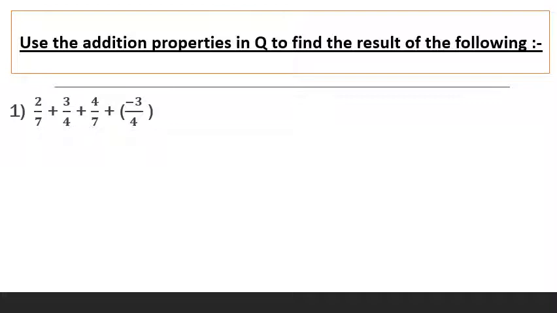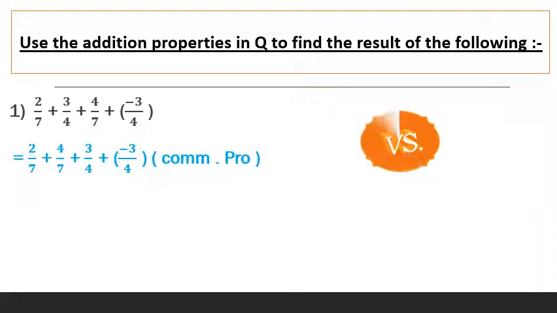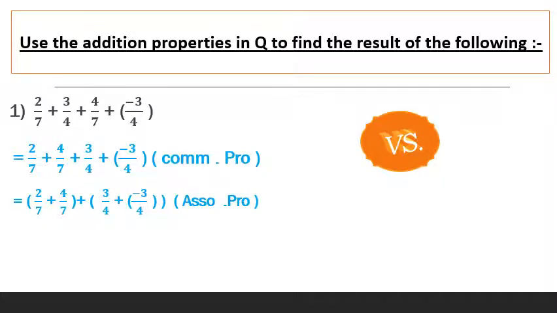Okay, first step, we apply the commutative property. 2 over 7 plus 4 over 7 plus 3 over 4 plus negative 3 over 4, by the commutative property, equals, with brackets as grouping, 2 over 7 plus 4 over 7 as a group, and 3 over 4 plus negative 3 over 4 as a group, which is the associative property.